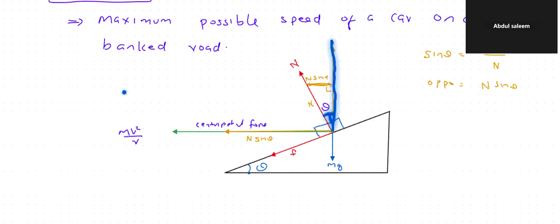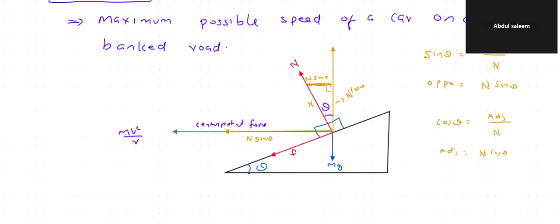So we can use the cos component. Cos theta equals the adjacent side divided by the hypotenuse. The hypotenuse is the normal, so the adjacent side is n cos theta.